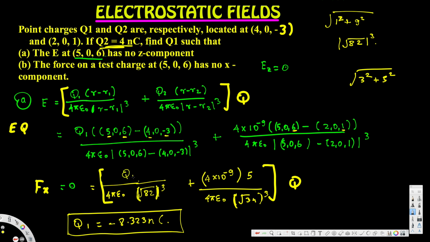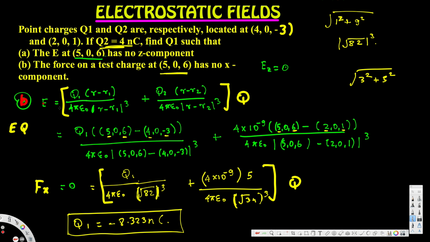So this is q1 alone. Here for the x component we have 5 minus 2, because this is the same point, that's what I am doing right here. If we have a different point, we have to do this all over again. We have to change the r value and calculate it all over again. But since we have the same point, we can directly do that. So this is what I'm doing for the B part right now.